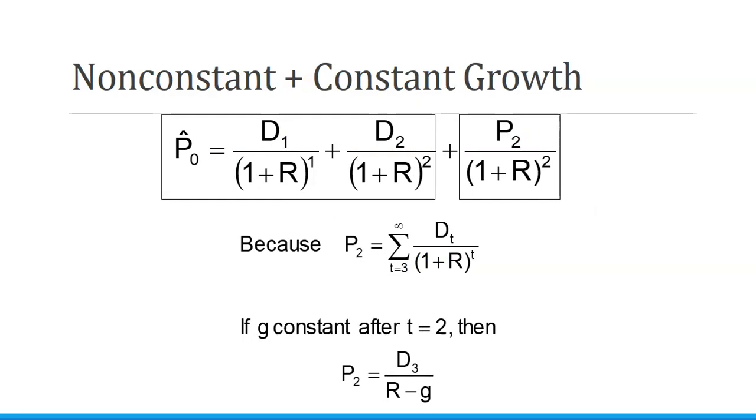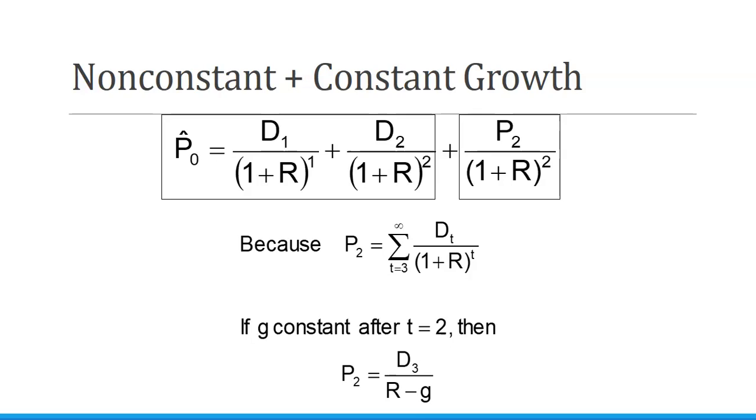So extended for non-constant and constant growth put together, then we have the 2 years of non-constant growth, so the dividend 1 and dividend 2 that had different rates of return. We do the present value of those separately, and then the present value when we get to the constant growth. If g, or our constant growth, is constant after our time period 2, then P2 equals the dividend 3 divided by the return minus the constant growth.